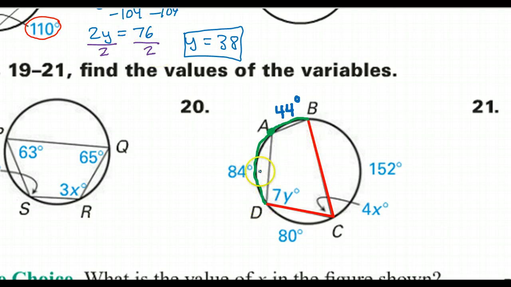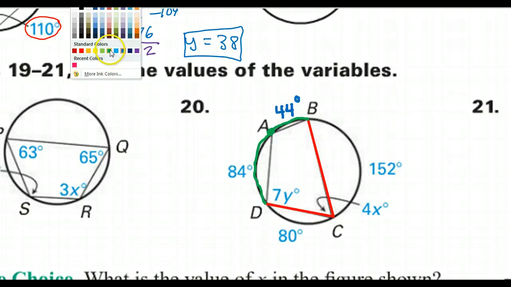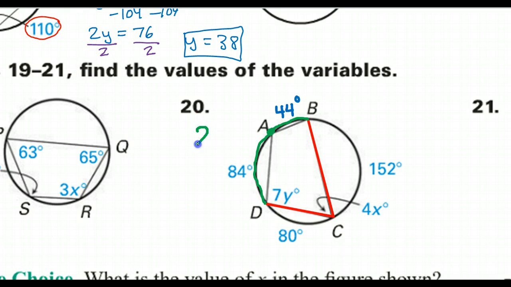That means the green arc, I should be able to add 44 degrees and 84 degrees, and that's going to give me 128. So this green arc is 128 degrees. If I take half that, that should give me this red angle. So that's going to be 64.